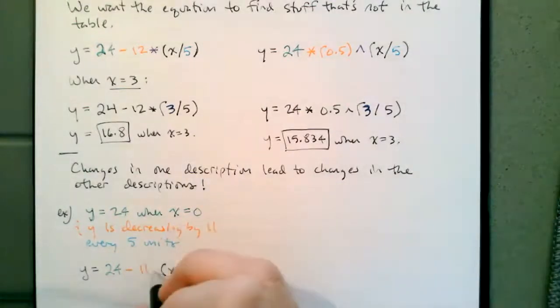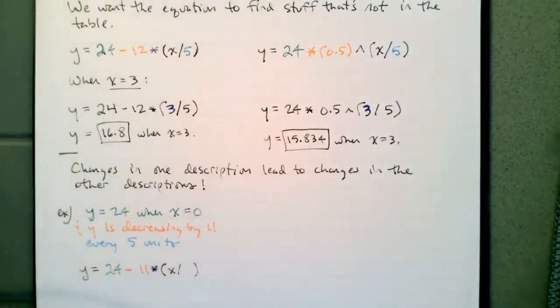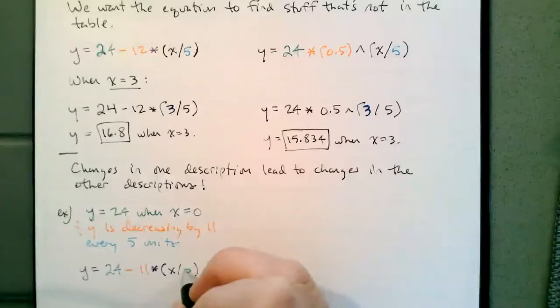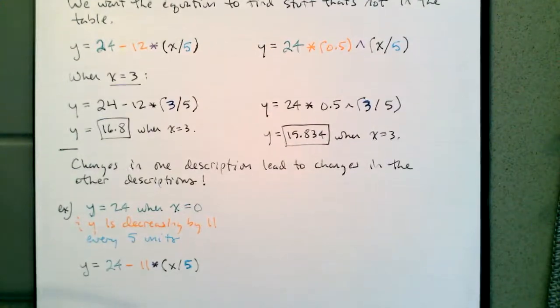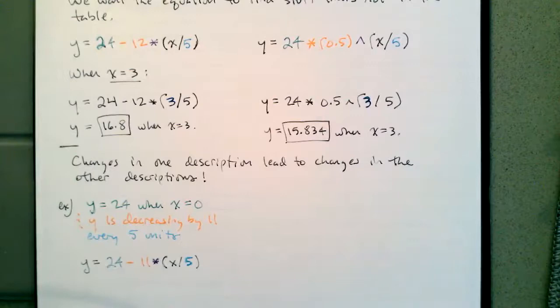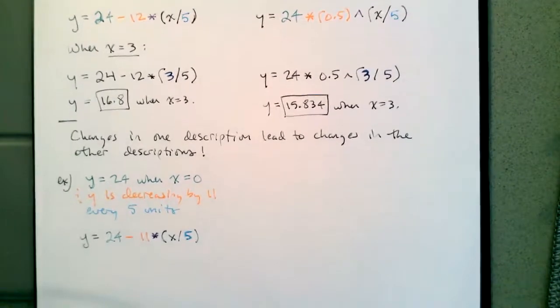It's still repeated addition and subtraction, so I still summarize with multiplication, and this is still happening every 5 units. The traditional way to write this would be 24 minus 11 over 5 times x. Actually, it would be minus 11 over 5 times x plus 24, because traditionally we like to write things backwards. But I like my equations to match what I write in my sentence.